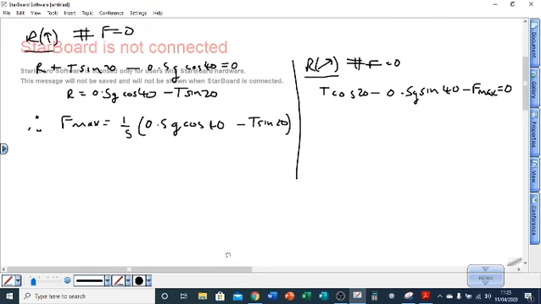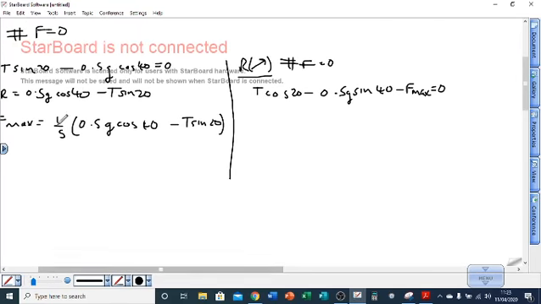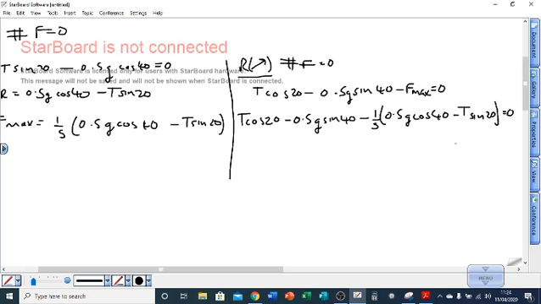I know F max is this, so I'm going to replace that with that, and I end up with T cos 20 minus 0.5 g sin 40 minus a fifth, brackets, 0.5 g cos 40 minus T sin 20, and we know that that is equal to 0.